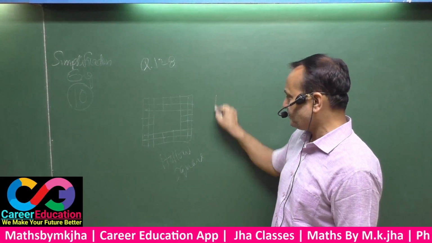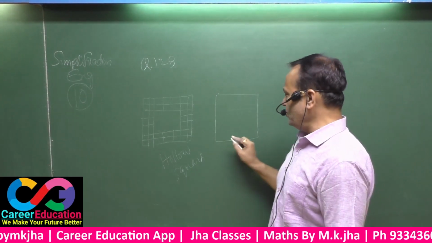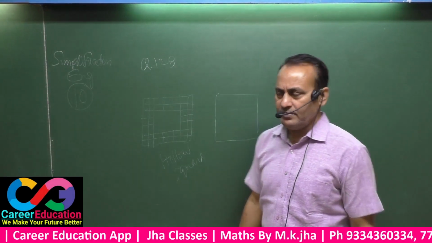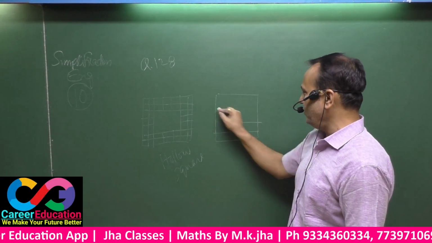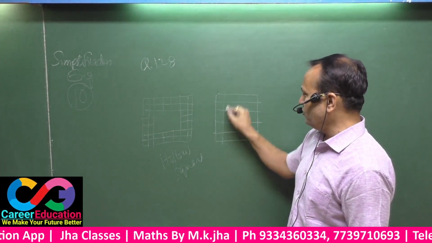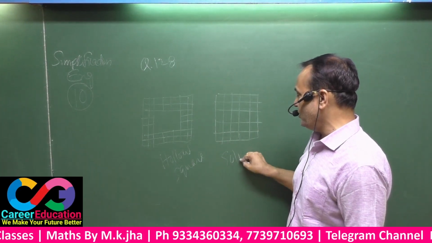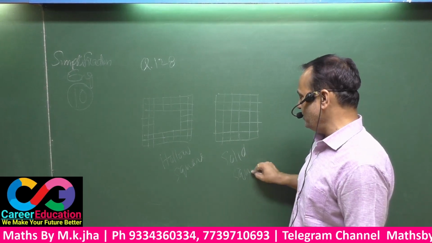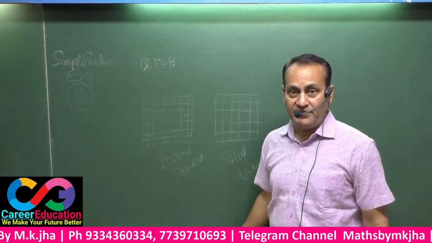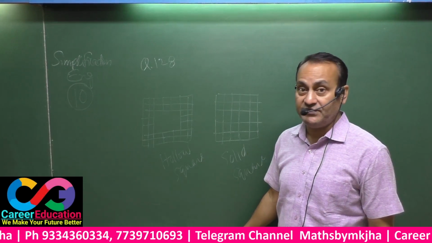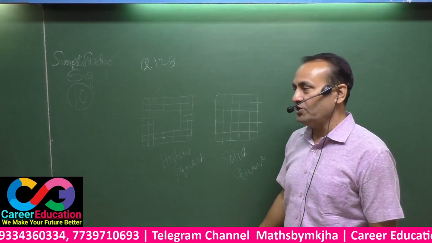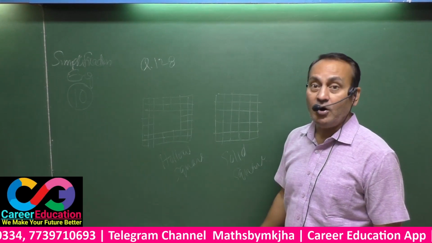But see here, this shape is also a square shape, and then 1, 2, 3, 4, 5, 6. This is called a solid square. That means this appears in the shape of a square and there is no space left at all. That's why this is called a solid square and this is called a hollow square.